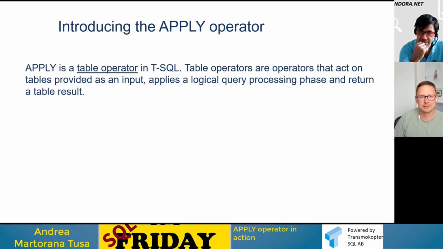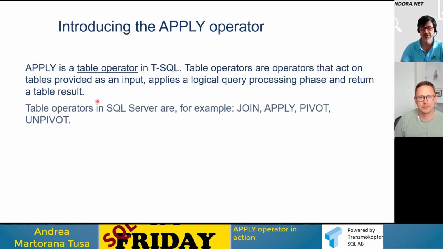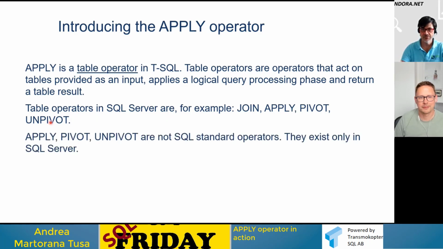We introduce then the apply operator. Apply is a table operator in T-SQL. Table operators are operators that usually act on tables provided as an input, and then you apply some logic, query, processing, and the output is another table result. Common table operators in SQL Server are, for example, join, apply, pivot, and unpivot.